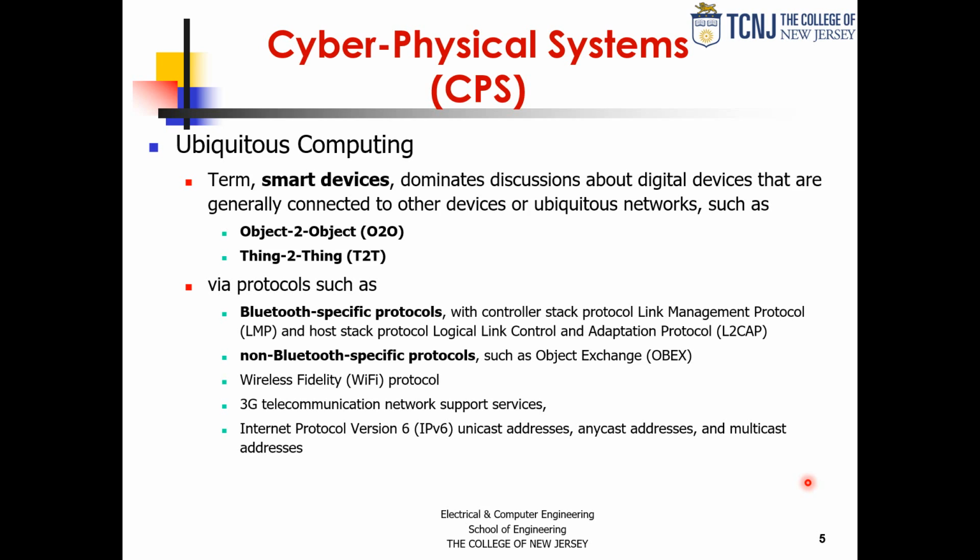So we already talked about the concepts of object to objects, thing to things, and different protocols that are available and widely used. So we know that Bluetooth is widely used to connect networks, and recently the SIG, the special interest group that manages the Bluetooth spec, released a specification for mesh capability in Bluetooth.